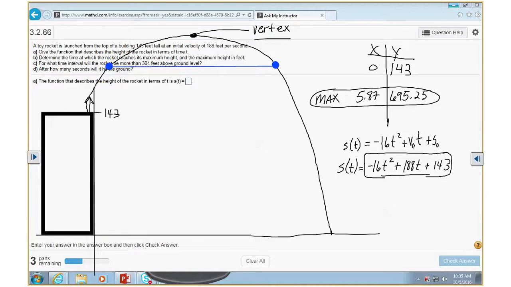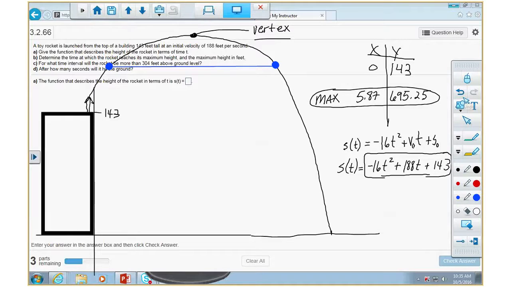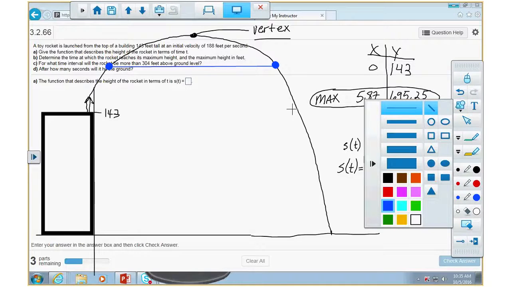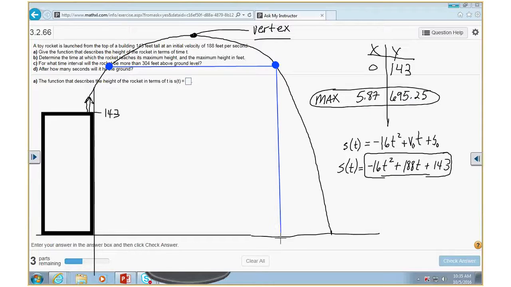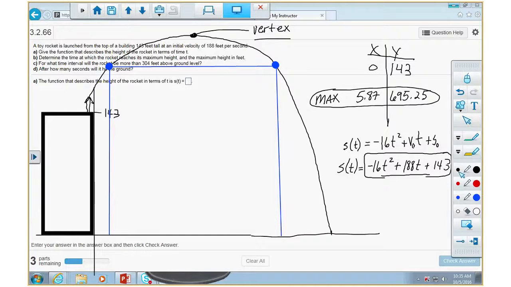Okay, so all they want to know is what the x is here, and what the x is here. So in pre-algebra, we know that this value is 304. So is that x or y?